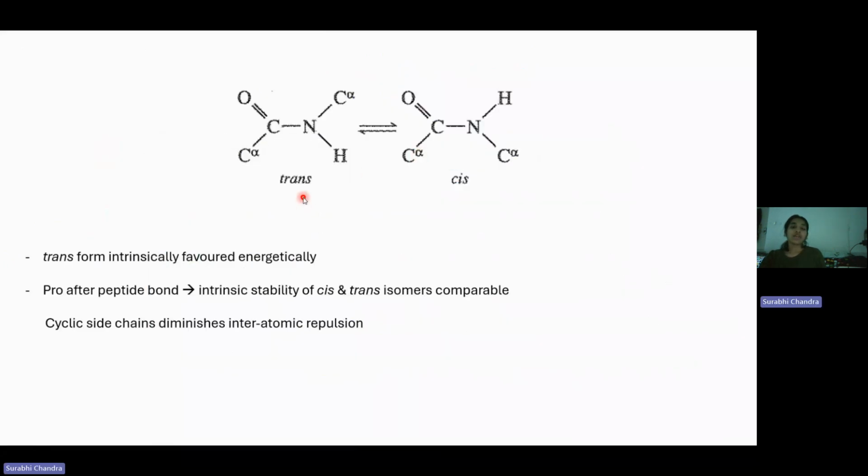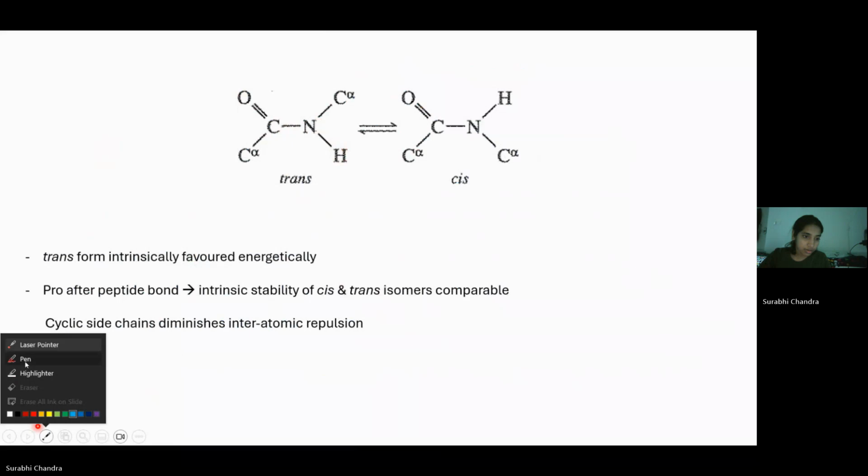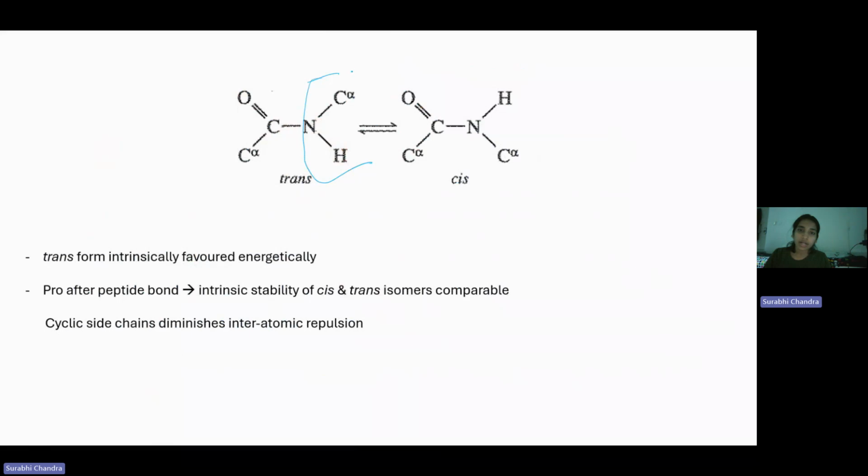Yeah. Now when we talk about, now this is a peptide bond, this one. Now this part belongs to one amino acid. Okay, suppose amino acid 2, and this part belongs to another amino acid.